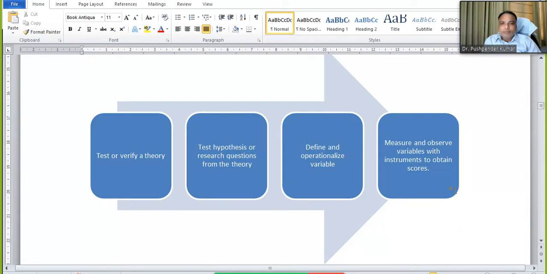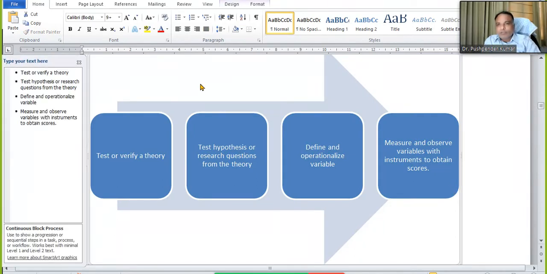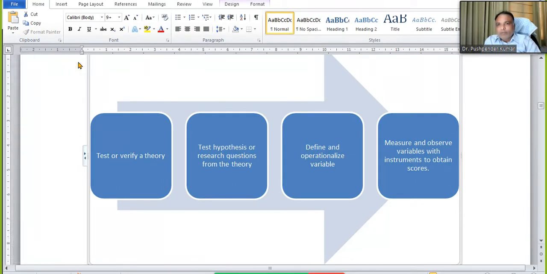Let me show you. This is the process of deductive research. First, test or verify a theory. The ultimate goal is that whatever theory you have, you verify or test it, and for that we need to develop a hypothesis.